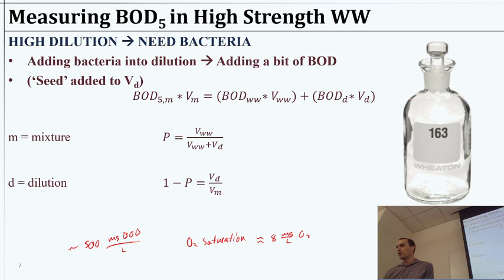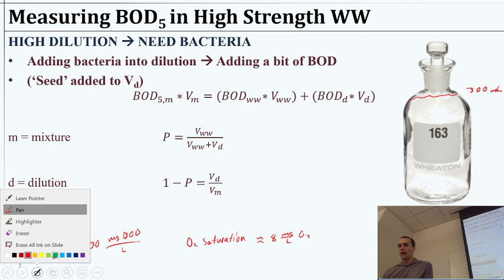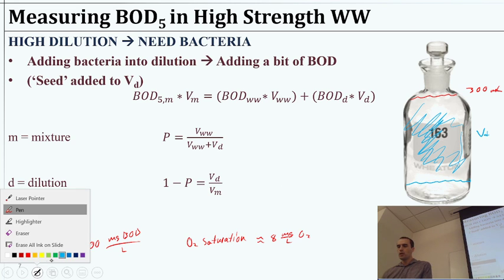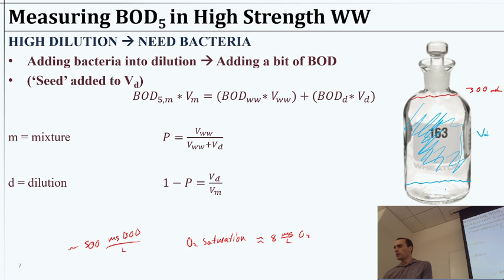So if we have a total volume of 300 milliliters, and then we add in a bunch of dilution water, so I'll call that VD for dilution, and then we have some wastewater at the bottom.